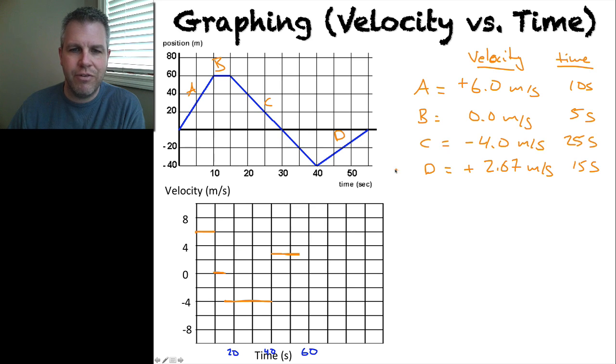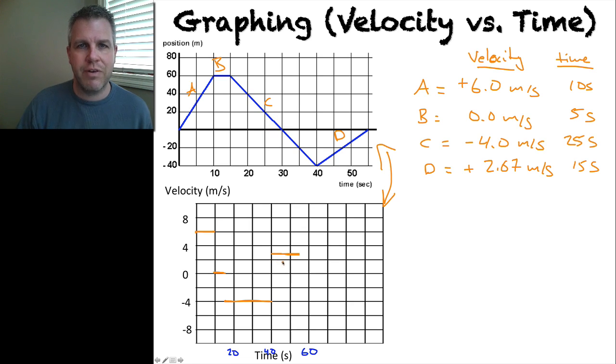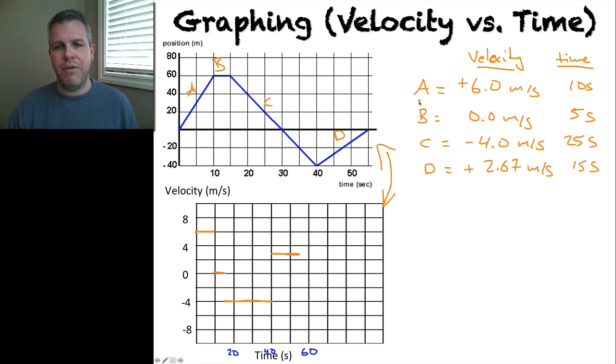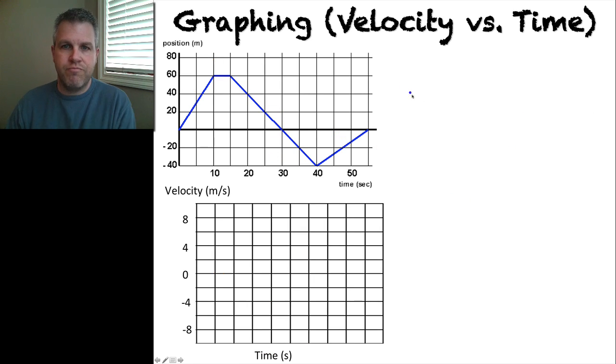These graphs here have the exact same information in them. And the skill of being able to convert a velocity versus time graph to a position versus time graph, or position versus time graph to velocity versus time graph, is very important. Again, if you haven't watched those videos on calculating slope or how to read a position versus time graph, go back and take a look at those.